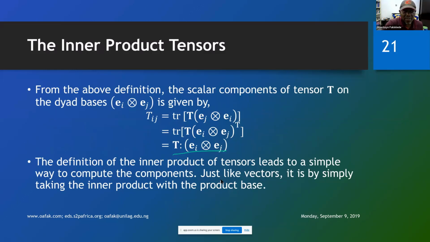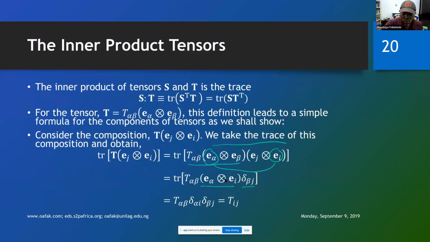From the above definition, the scalar component of the dyad basis is given by this quantity. I will want to stop the lecture here because there is something I didn't do, which is to tell you what the trace of a dyad is. I don't think we've done that, and it is an omission.